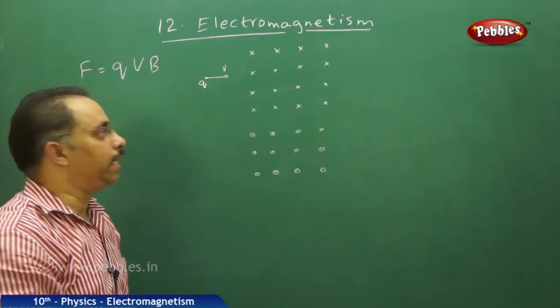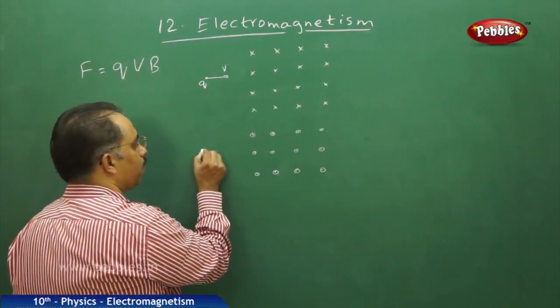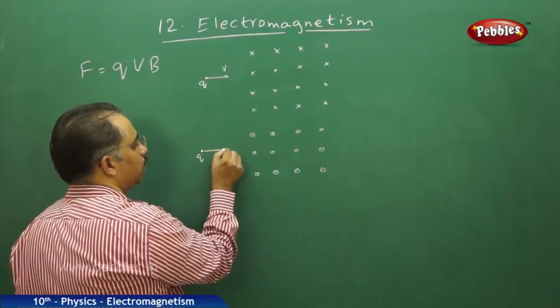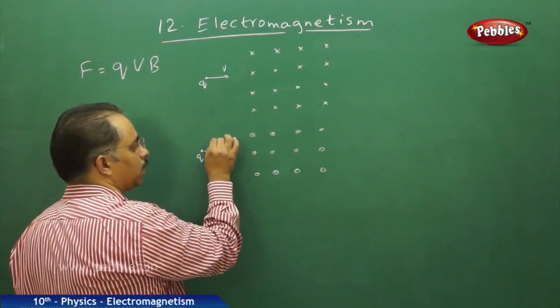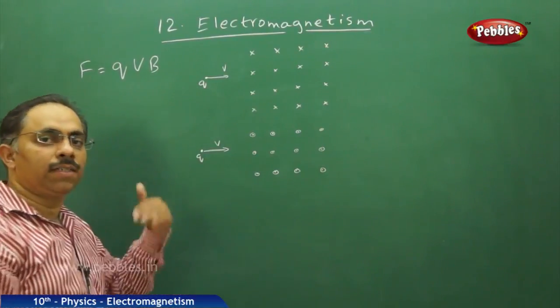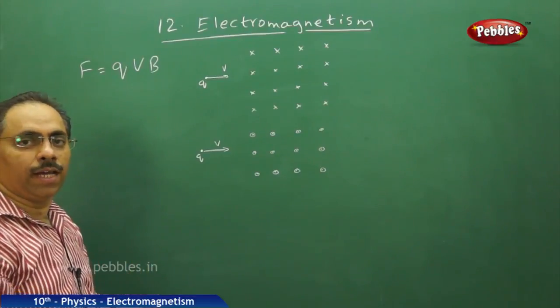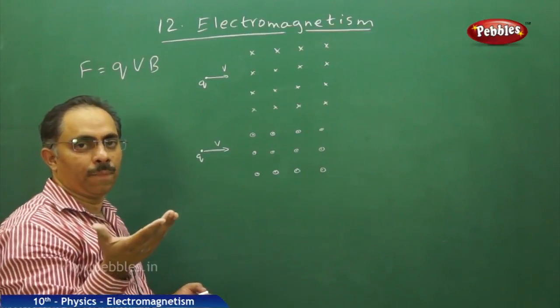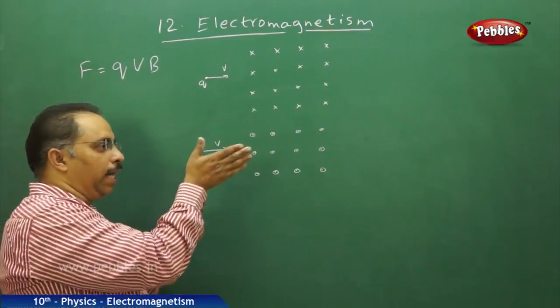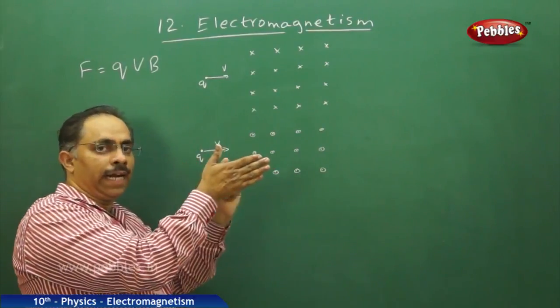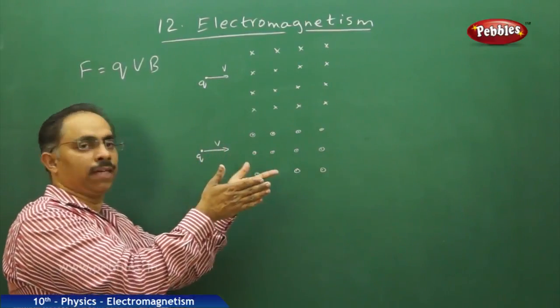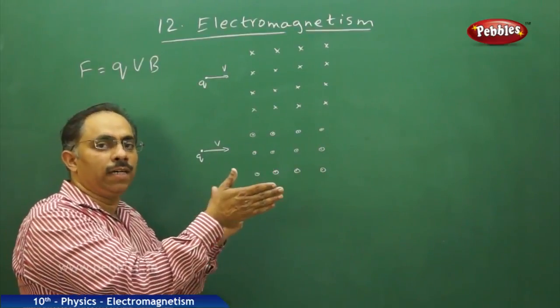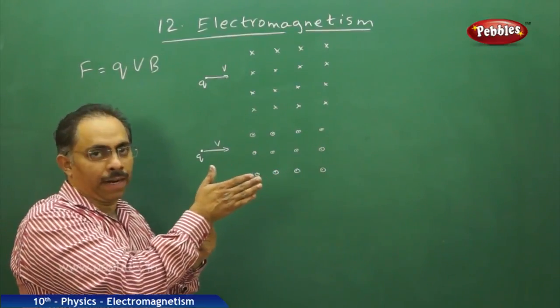In this case, if I assume that a charge Q is going in the same direction with velocity V, and I want to know the direction of the force, I use again the right hand rule. Now I point the right hand fingers in the direction of the velocity and I should curl them in the direction of the magnetic field.